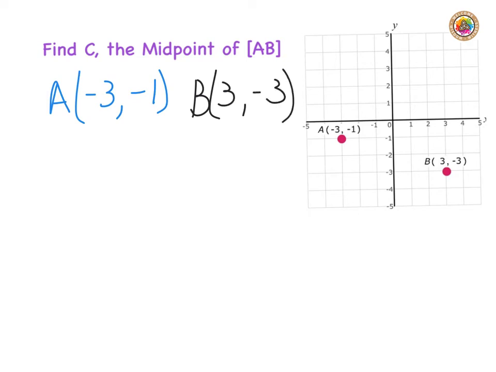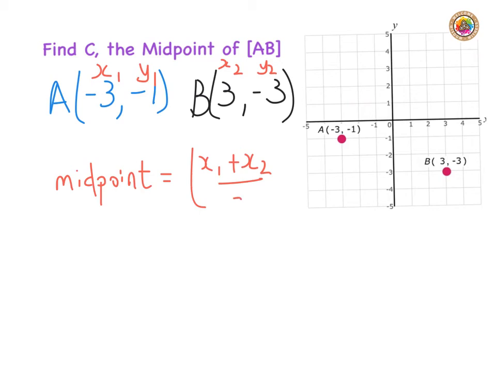Okay, and again, I'm going to label the points x1, y1, x2, y2. And my midpoint formula, well, it's the midpoint is equal to the two x coordinates added together, divided by 2, and the two y coordinates added together, divided by 2.